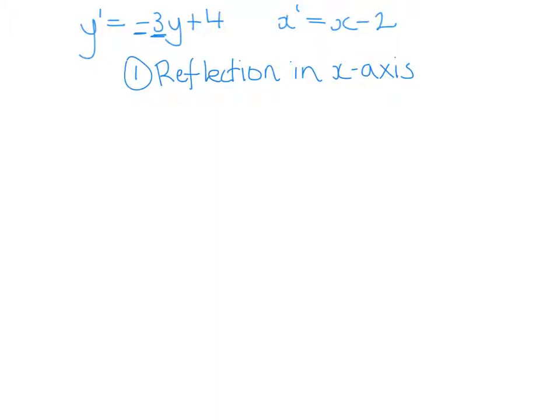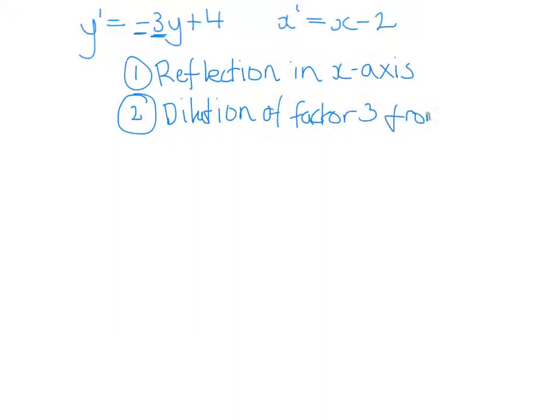Then, number 2, the y values are 3 times as big as they were, so it's a dilation of factor 3 from the x-axis, because the y values are 3 times as big as they once were.